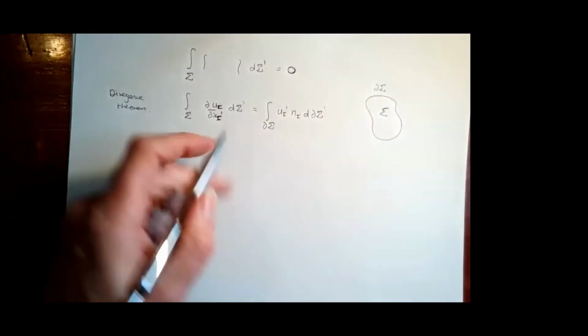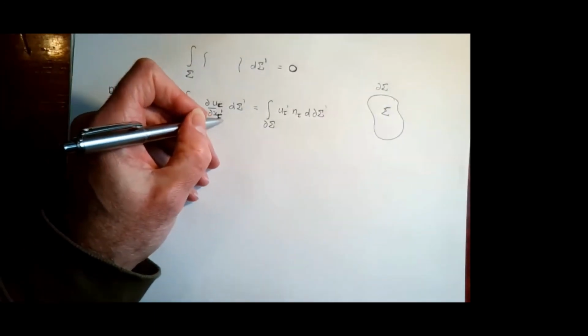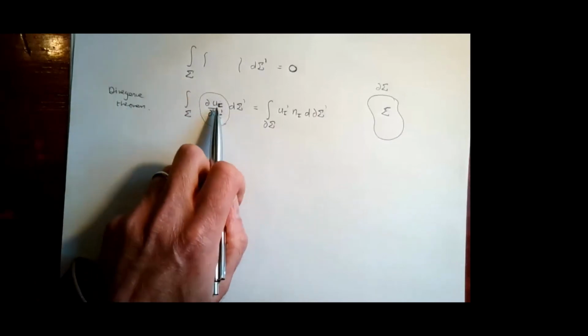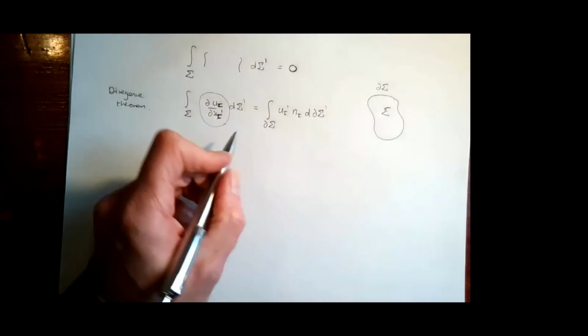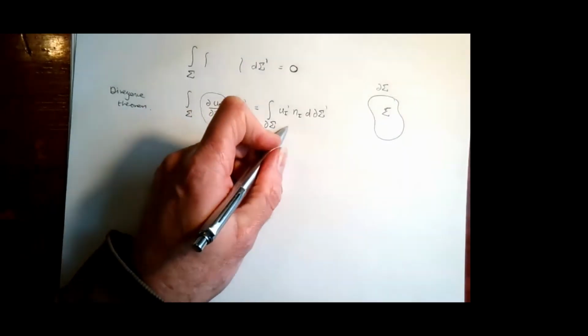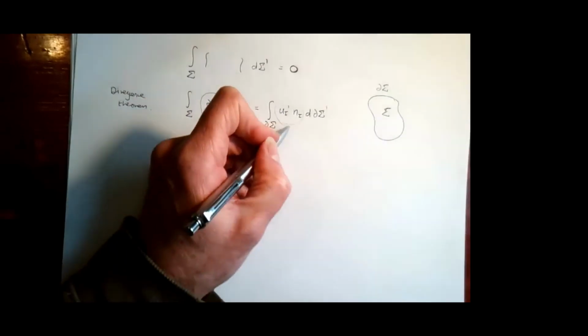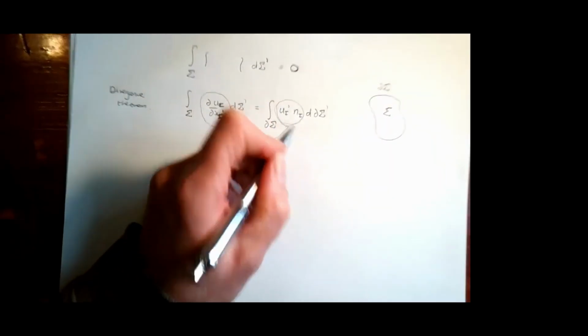So what's happened here is with the divergence theorem, you've got a divergence of a vector, and that equals the flux out across the whole of the domain, and that equals the flux out across the boundary.